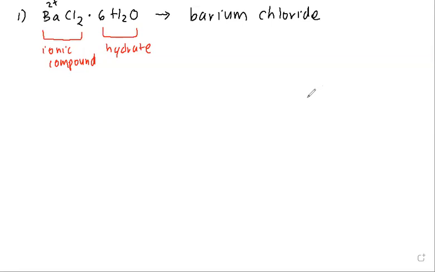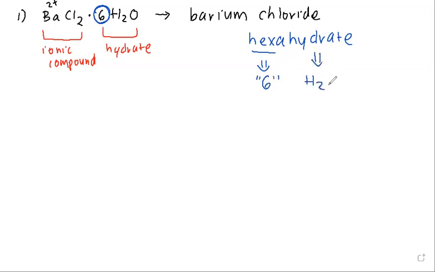And that's the ionic compound. And then for the hydrate part, there's 6 water molecules for every 1 barium chloride. So we're going to name that hexahydrate. Hexa means 6. And then hydrate means H2O.